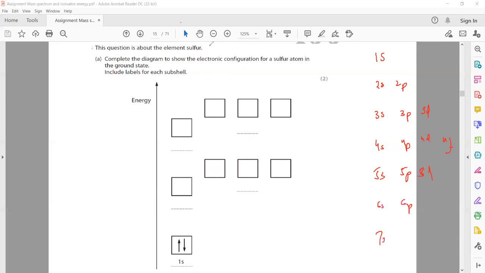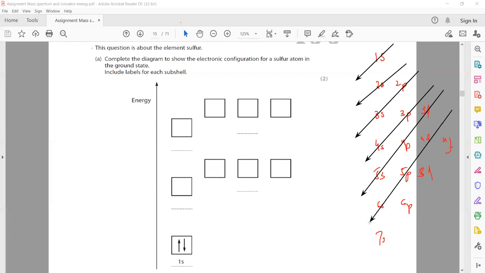So we follow each arrow. First it will be 1s, then 2s, then 2p, 3s, 3p, 4s, then 3d, 4p, 5s, then 4d, 5p, 6s, and then 4f, 5d, 6p, and 7s.